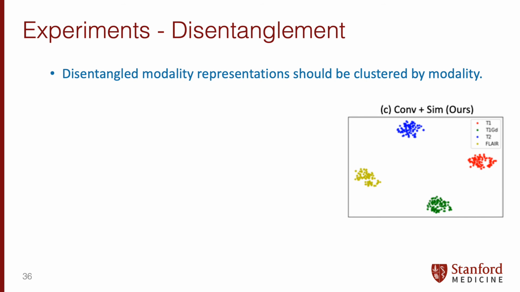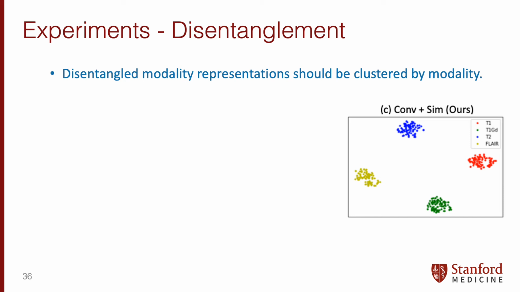Here, we first visualize the modality representation in a 2D space. The dots are color-coded by modality, and a well-disentangled modality representation should be clustered by modality and shouldn't have mixture between modalities.